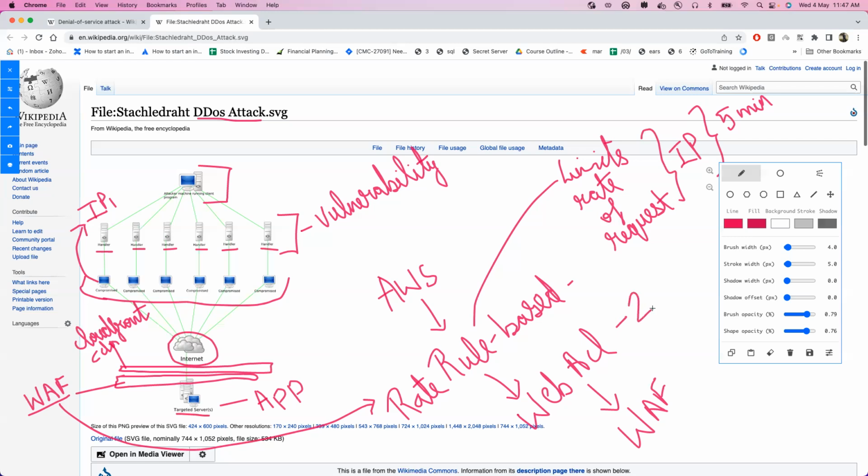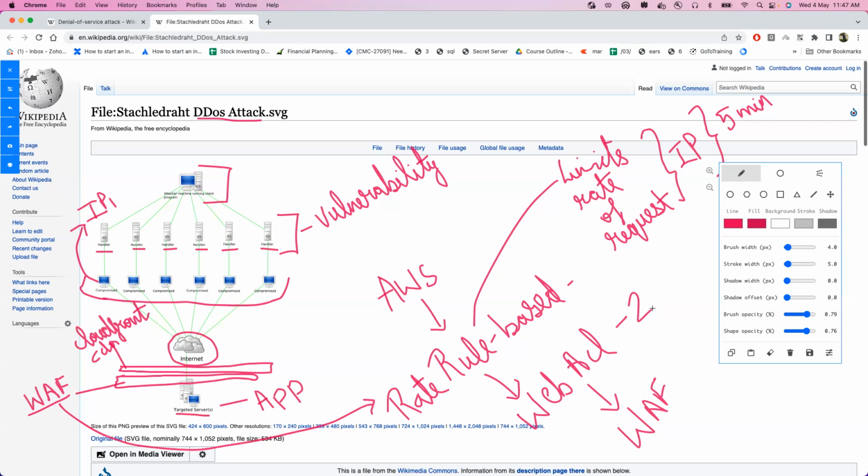Then each rule represents a separate instance, and each rate-based rule gets its own tracking and management through AWS WAF. Likewise, if you define a rate-based rule inside a rule group and then use that rule group in multiple places, each use creates a separate instance of the rate-based rule that gets its own tracking and management within AWS WAF.